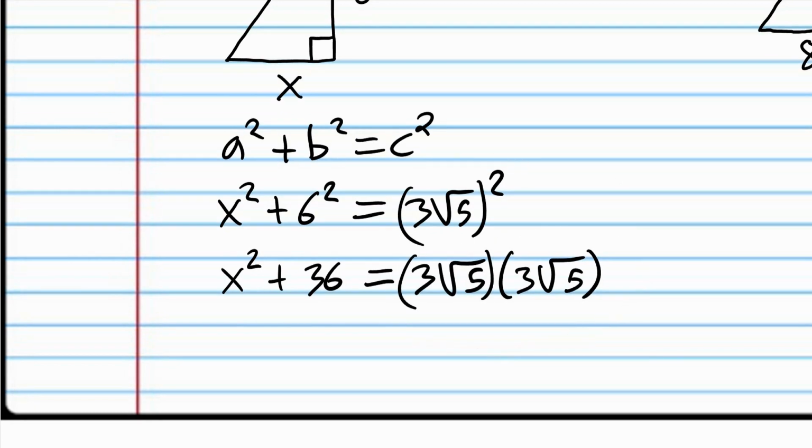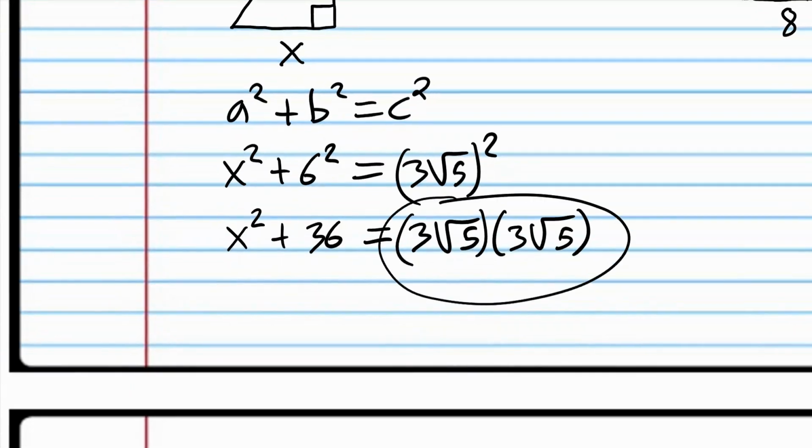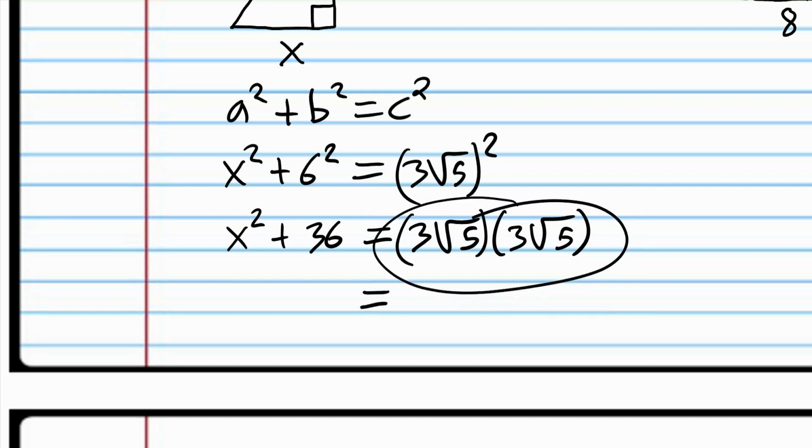I don't have to write this out, but I'm just doing this so you can see what's going on here. 3 times 3 is 9. We just multiply these numbers. And then root 5 times root 5. Whenever you multiply a root times itself, that would just be root 25, but root 25 we know is 5. I'm not going to go back over this stuff.